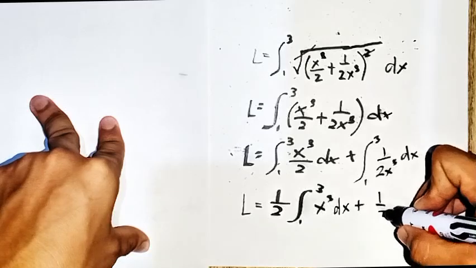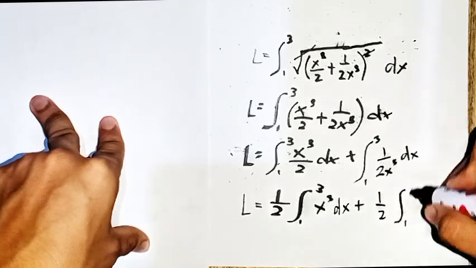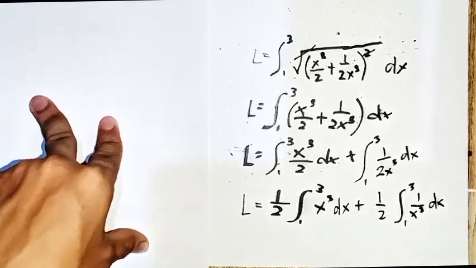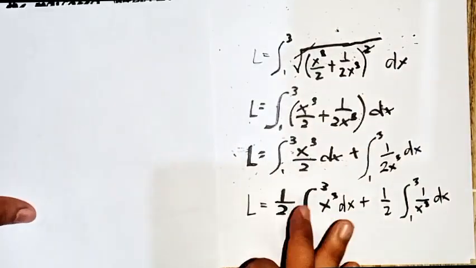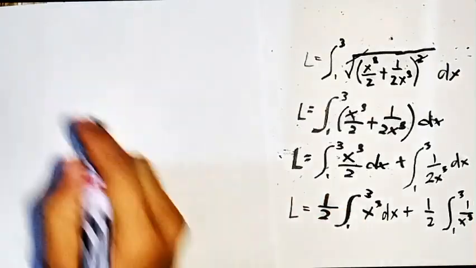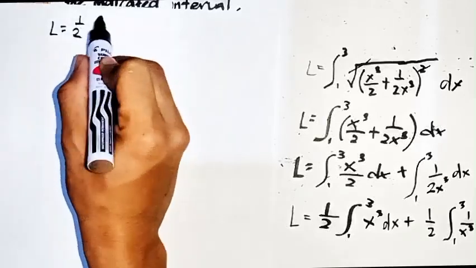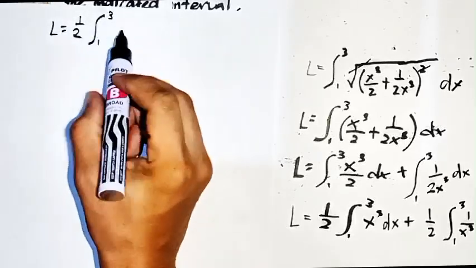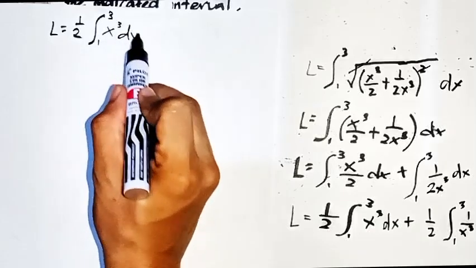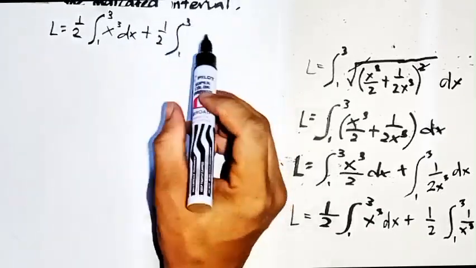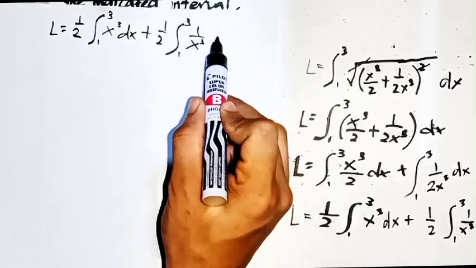So 1 half integral of 1 to 3 of 1 over x cubed dx. So let's copy this one. L is equal to 1 half integral of 1 to 3 x cubed dx plus 1 half integral of 1 to 3 of 1 over x cubed dx.